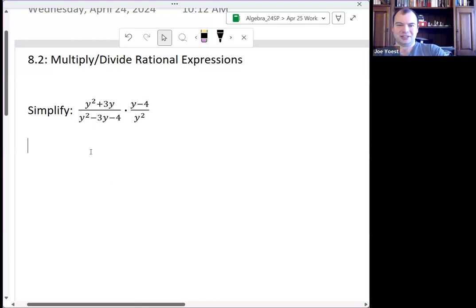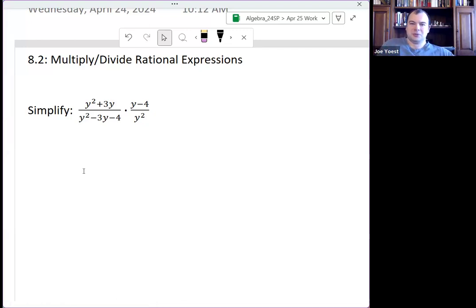So I think that should be big enough for you to see. Let's take about 2.5 minutes to go through this one problem. Just work through this one, multiply the two rational expressions, factor, simplify, and get the final answer. So 2.5 minutes or so, and then we'll come back and discuss.